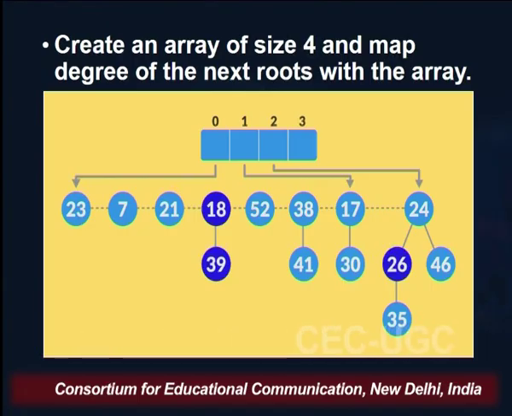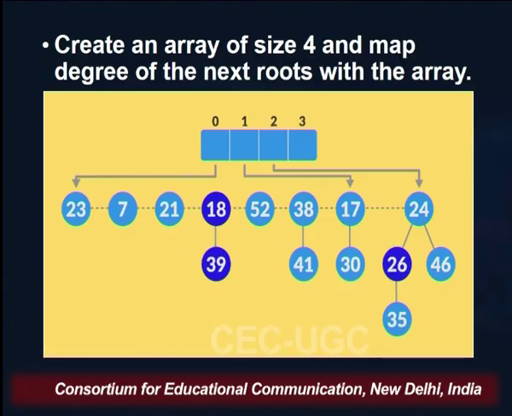Then the cell with index 1 is pointing towards the tree rooted at 17, and the cell indexed at 2 is pointing at the tree rooted at 24, but consolidation is not yet done.